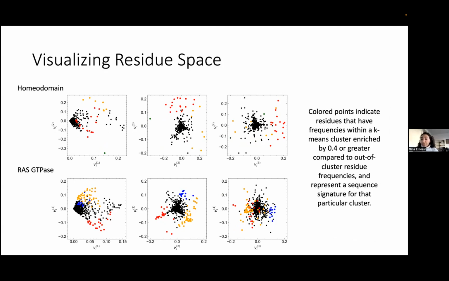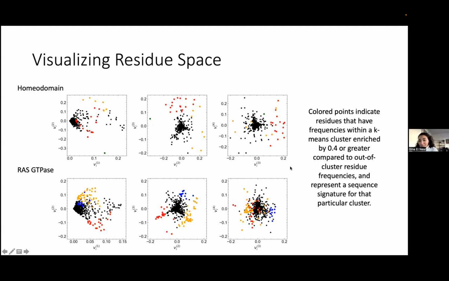Essentially, these are the residues that distinguish those sequences from the other clusters. And so you actually see that dispersion. There's one residue in the green that completely distinguishes everything in the green. There's a subset of red that distinguishes everything in that red cluster. And you see that in both homeodomain and in RAS GTPase. So that's interesting analysis.